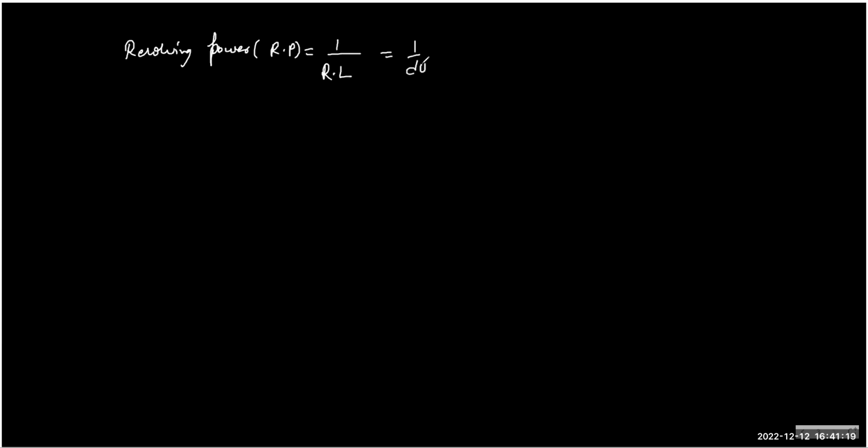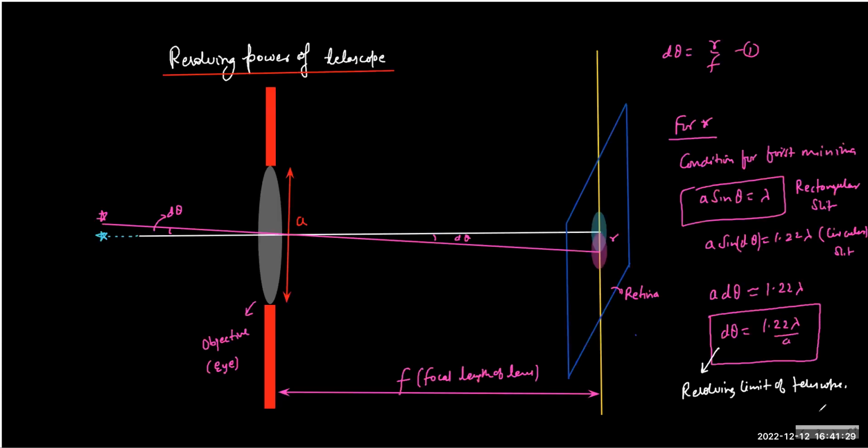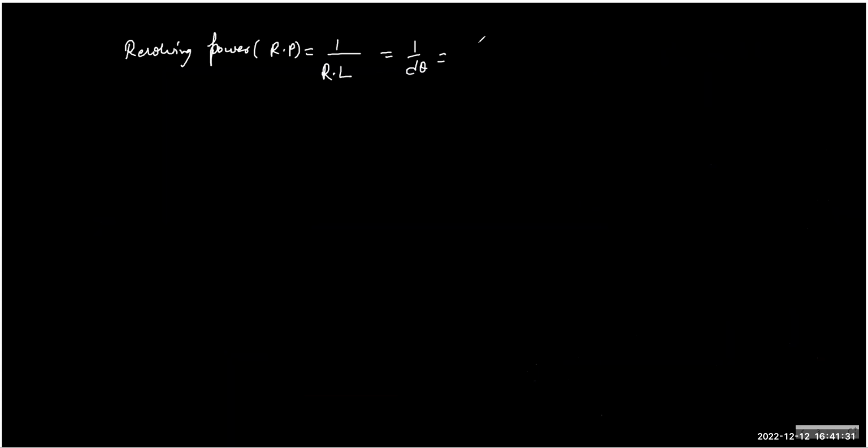We can write 1 by d theta, and this turns out to be A by 1.22 lambda, right? Yes, sir. So this is the resolving power. They may give you that for a given wavelength, if this is the power, then find the A, or find whatever. So it's good to solve some questions on this power. And let me finish the resolving power of the microscope, then we go further. Okay. Yes, sir.